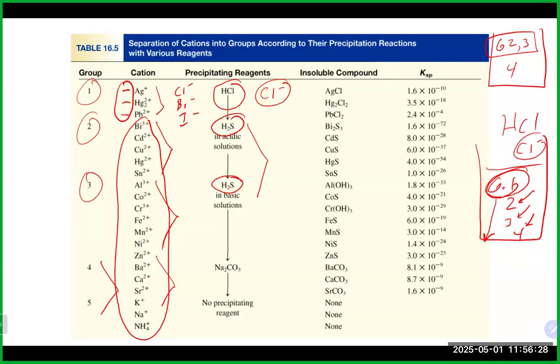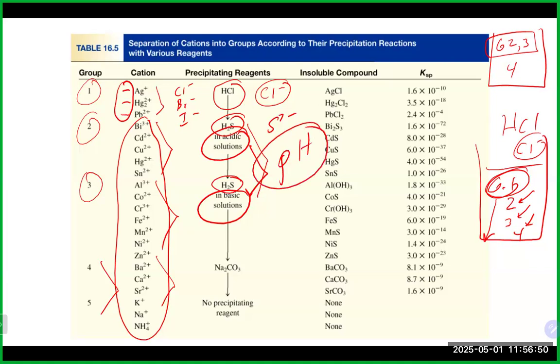But they both use the actual same precipitating reagent, which is actually sulfide in this case. And the difference here as to how we can actually get just group 2 to precipitate out and not group 3 is we actually use what we talked about earlier, pH difference.